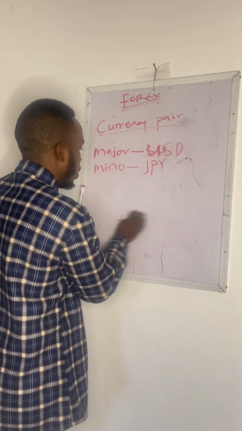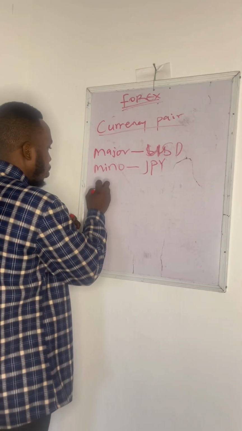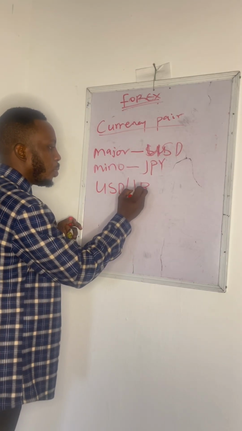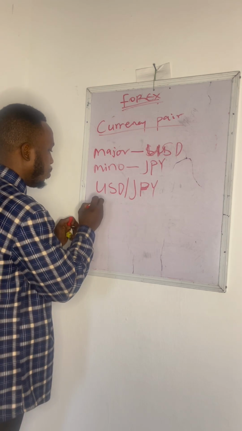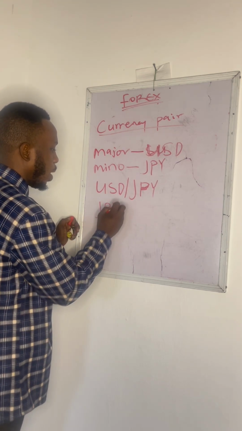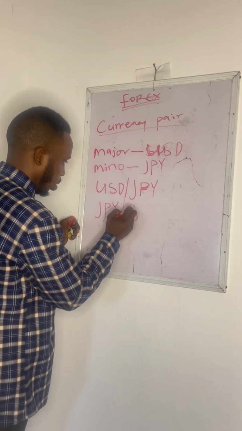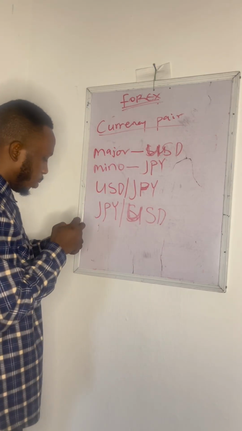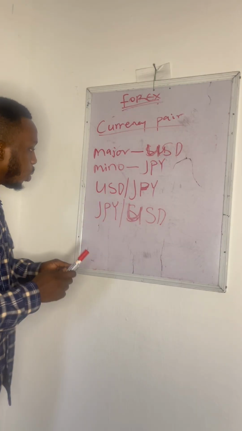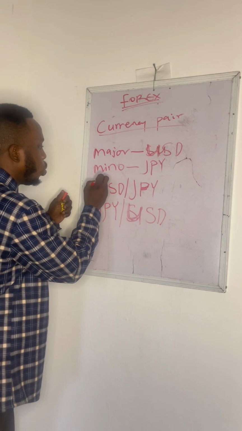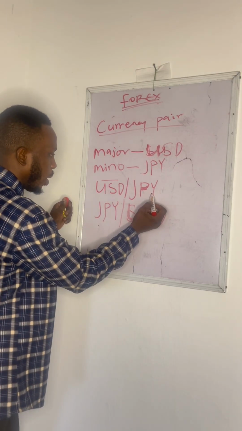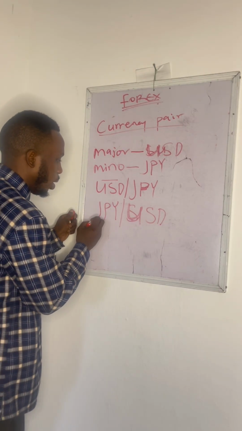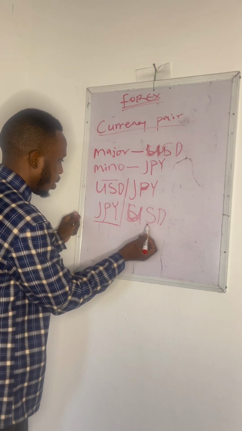let's say for example, we have JPY USD. I told you here the US market has the strength over JPY at that moment, while here JPY is the one leading and has the higher strength over US at that particular market.